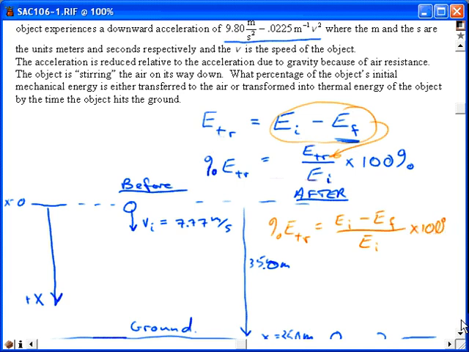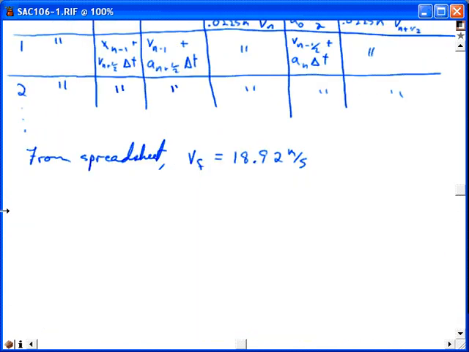So I want to copy that down here. E transferred slash transformed is equal to EI minus EF over EI times 100%.